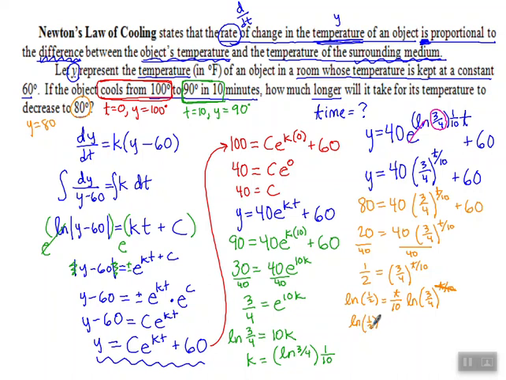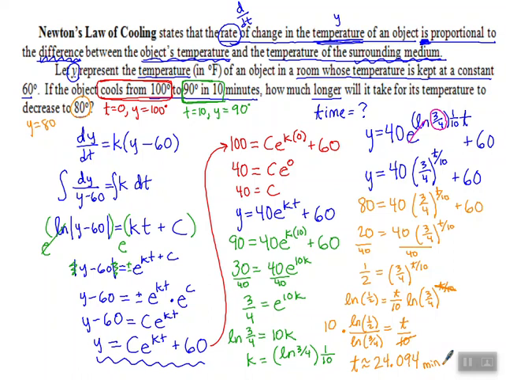So it's the natural log of 1/2 divided by the natural log of 3/4 equals t over 10, but I can multiply both sides by 10. Now to my calculator, and the t value is approximately 24.094. Of course, these units are in minutes.